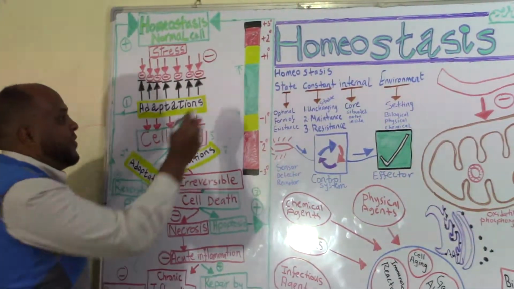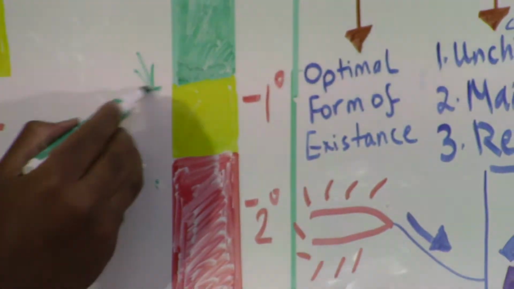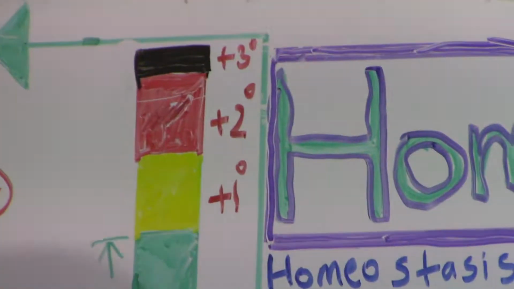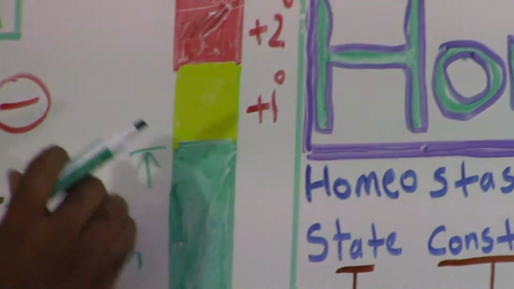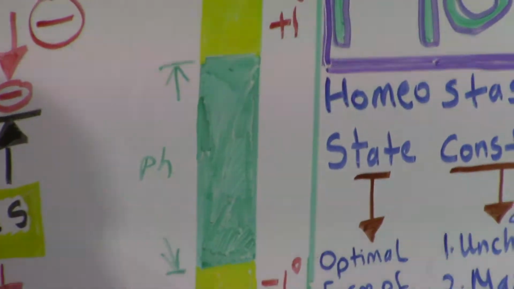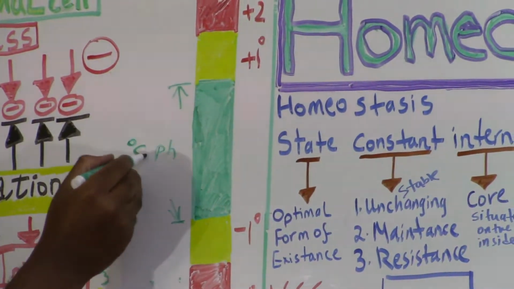So one variable is pH. There is the lowest possible pH level below which the cell, or the body, will suffer from acidosis. The maximum level above which the body will suffer from alkalosis. Another variable is temperature.